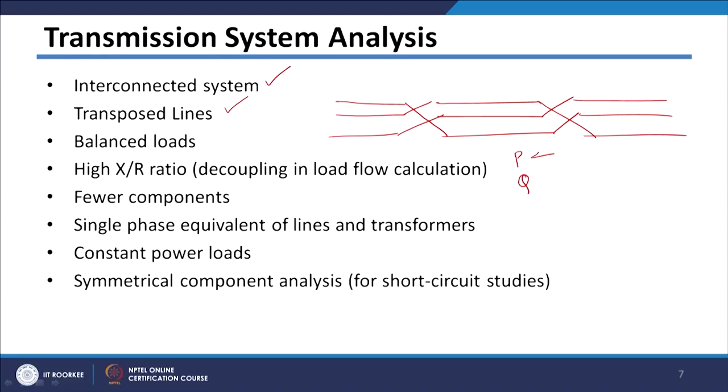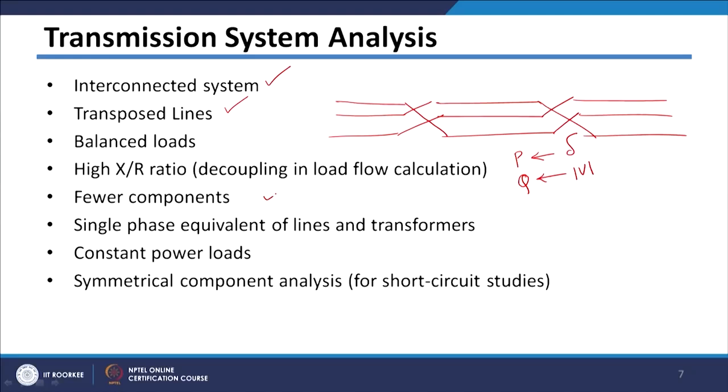So, P can be controlled by just changing the angle delta, which is basically the phase angle difference between voltages at the sending and receiving end, and Q can be controlled by voltage magnitudes. So, as I told you, because of this decoupling effect, we can get decoupled kind of load flow algorithms.